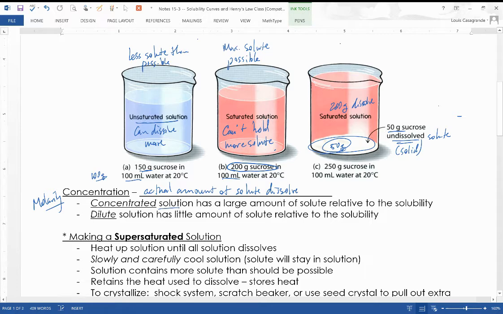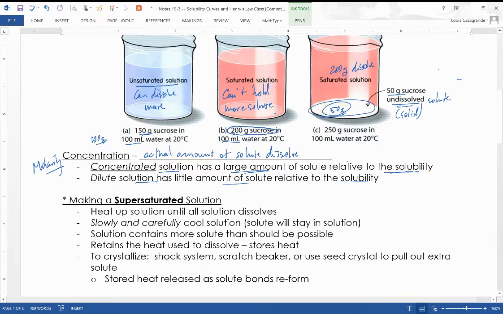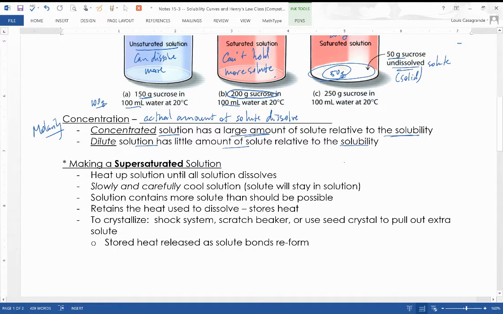A concentrated solution has a large amount of solute relative to the solubility. So it's a high amount of solute relative to how much you can put in. A dilute solution has a little amount of solute relative to the solubility. So we can now think about the solubility, the concentration as basically, it's going to be different for everything depending on how much of that particular solute you can dissolve in a beaker or in a solution.